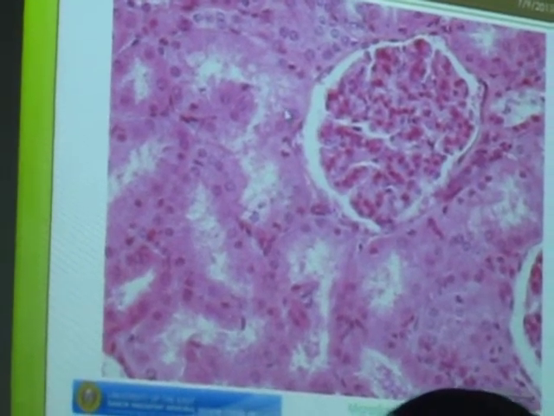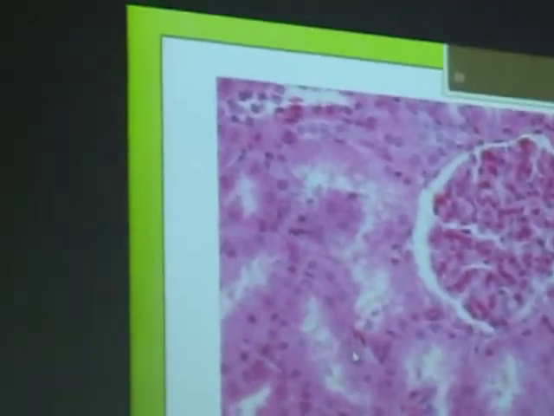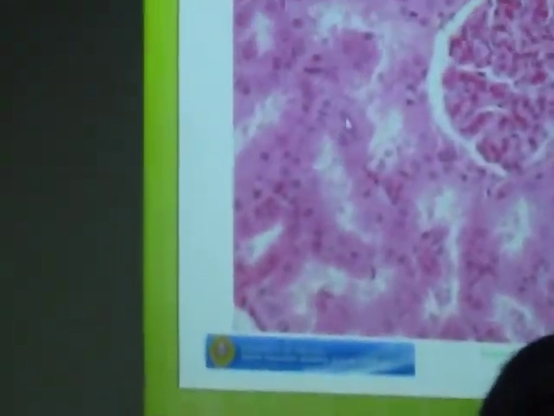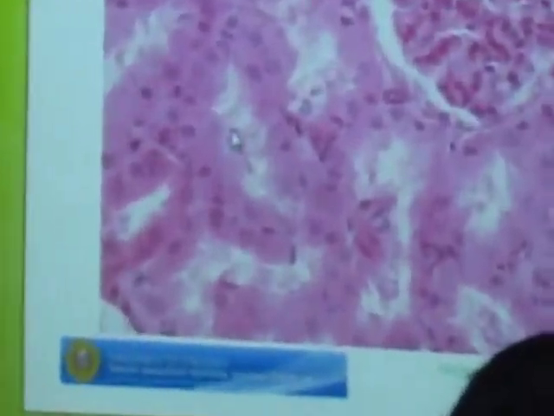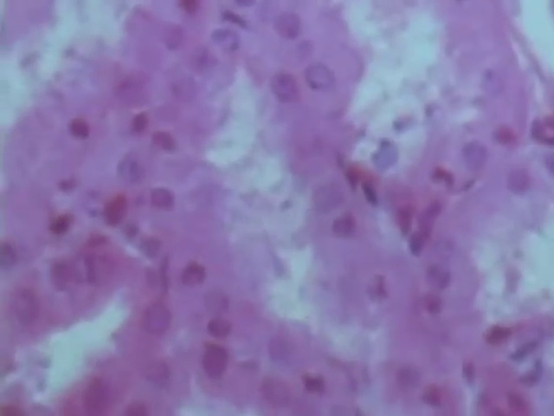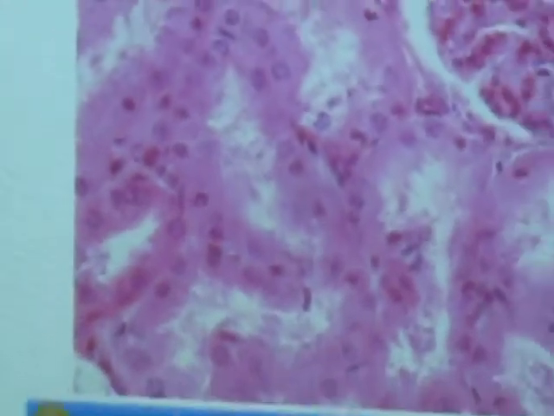Okay, and these tubules here are lined by what type of tissue? Simple pa rin. But what? A complete classification. Simple cuboidal epithelium.